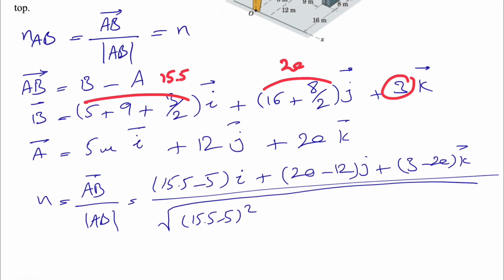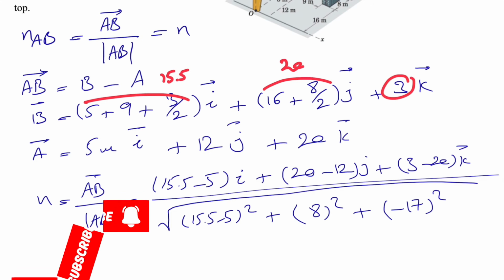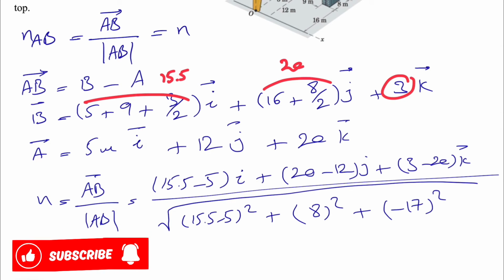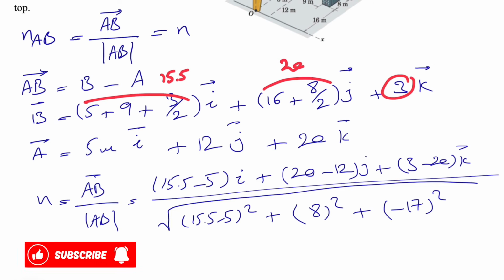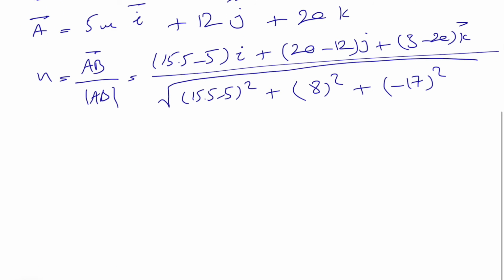And if we want to find the magnitude, we simply have the square root of x squared plus y squared plus z squared. So we'll have here 15.5 minus 5 squared, plus 20 minus 12, which is 8 squared, plus 3 minus 20 squared, which is minus 17.